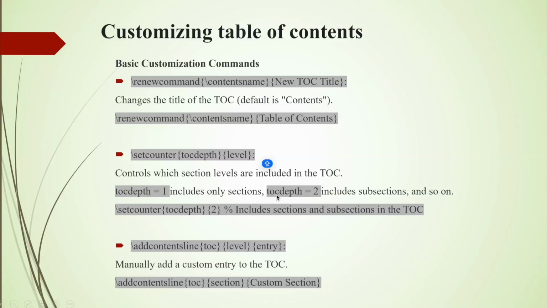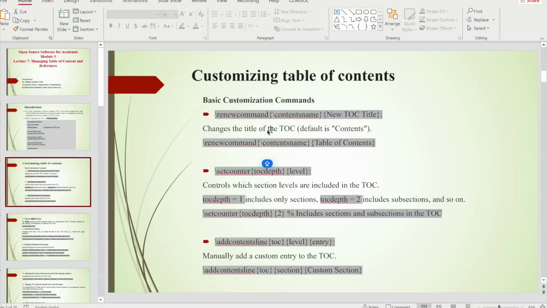If we write tocdepth 2, then it includes subsections, and so on. And this is the command for including all the subsections. We can also manually customize that table of contents.